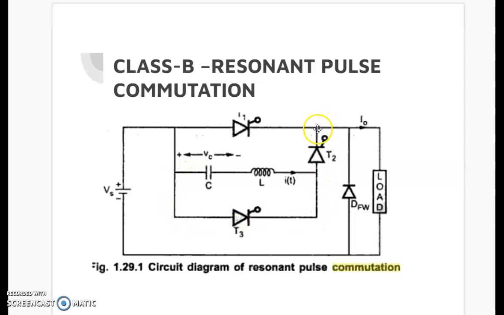So we can see that this also becomes positive. Since both voltage points across the SCR are positive, the voltage drop across the SCR will become negligible and the SCR will stop conducting. So this is how the class B commutation works.